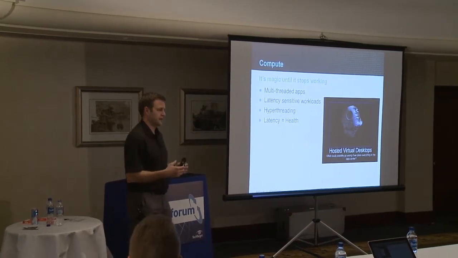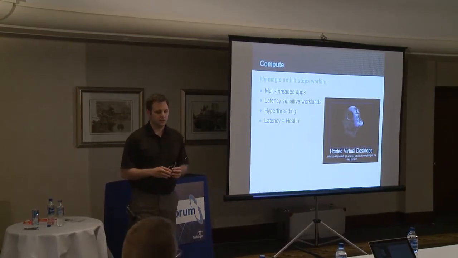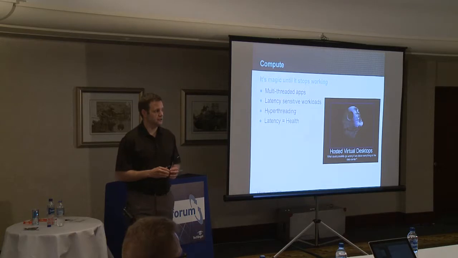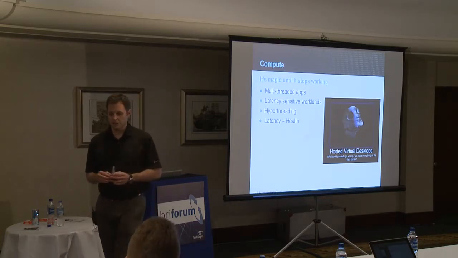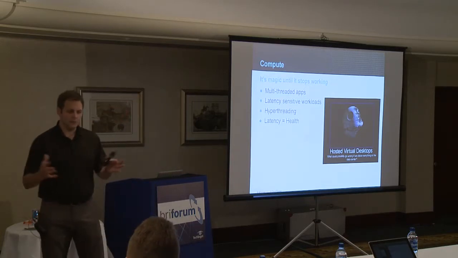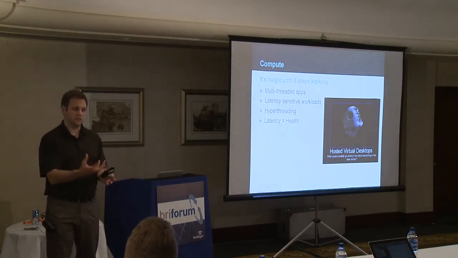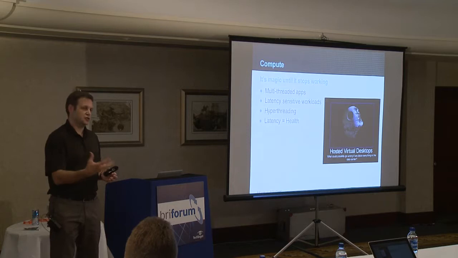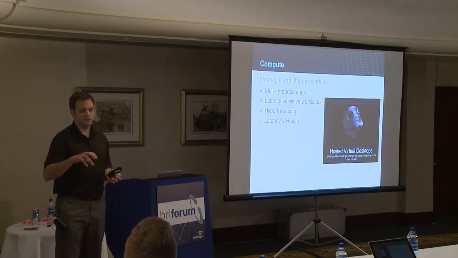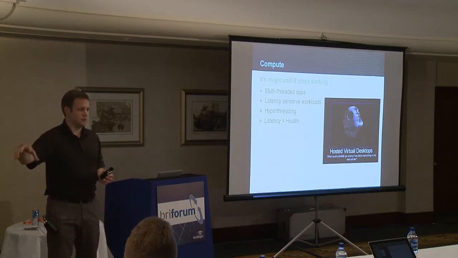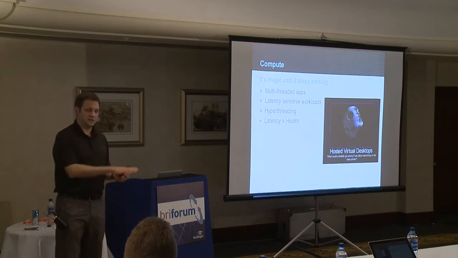And then hyperthreading. I use this description for hyperthreading because I think it's a misunderstood technology. Hyperthreading is basically creating 2 logical processors out of a single physical core. And so I usually tell people, basically the physical core is the checker at the supermarket, and hyperthreading is the conveyor belt.